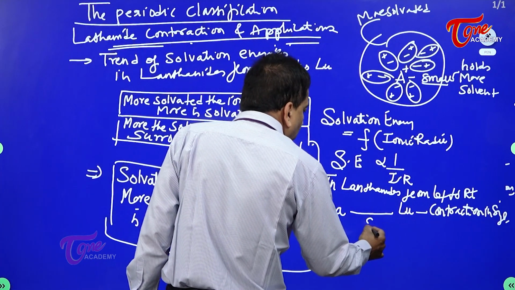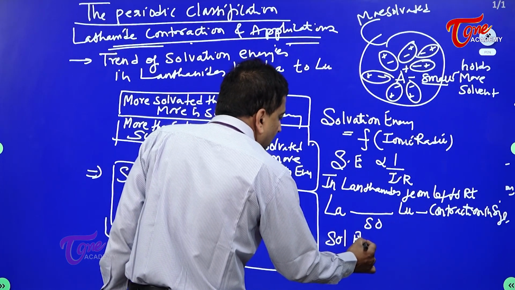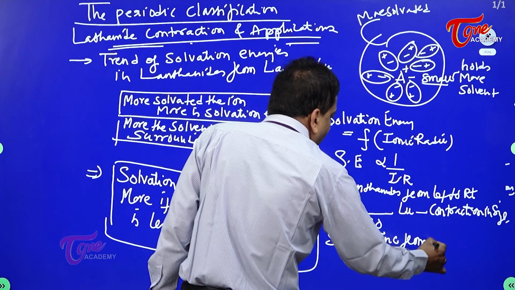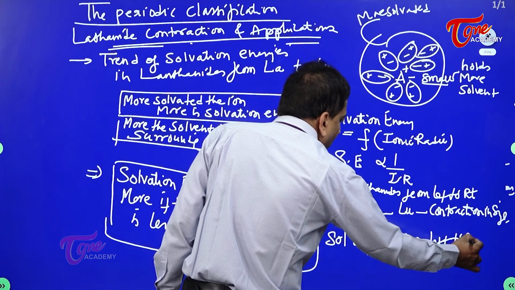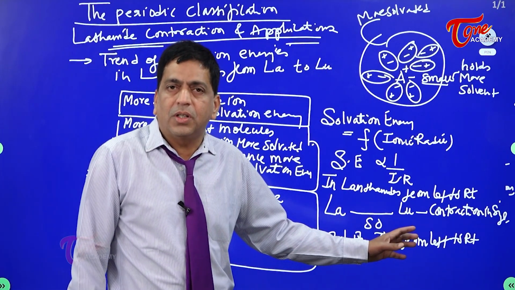So solvation energies increase from left to right. They actually increase from left to what? Right. You must understand that.